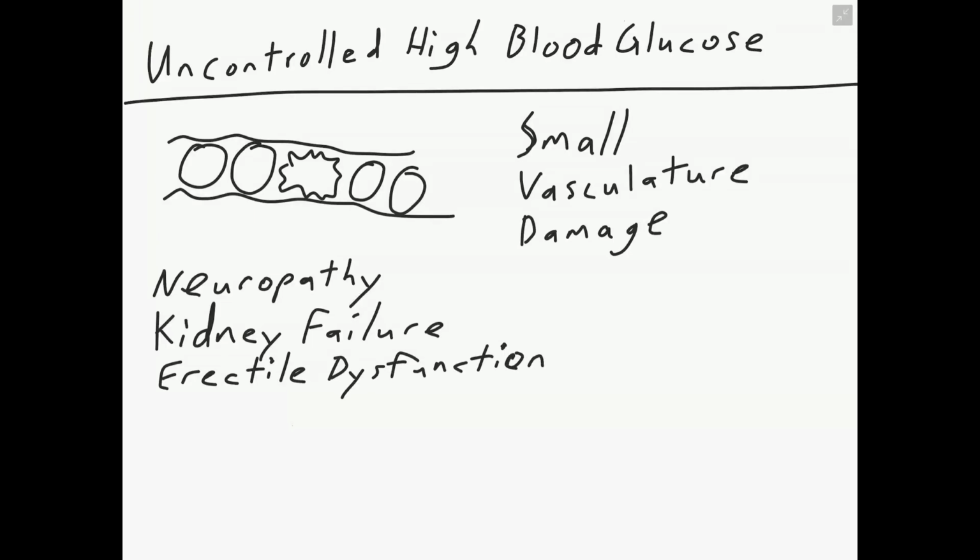So what you need to understand about chemistry is that molecules do not like being in a high concentration. They always try to diffuse out to decrease their concentration. So in a closed system, like the human body, glucose within the bloodstream does not like being in a high concentration.